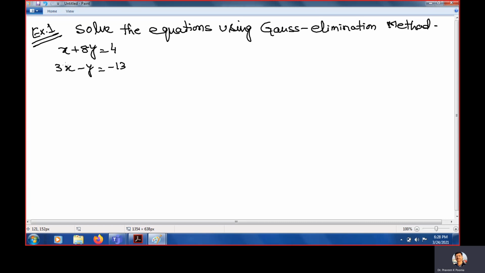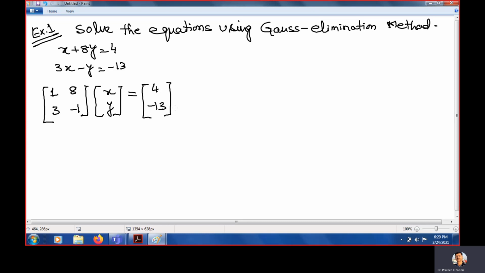So how will we solve this question? First write the equations in matrix form. It is [1 8; 3 -1], this is x, this is y, and this is 4, and this is minus 13. So this is A, this is x, this is equal to b. Now, what is the next step? The next step is you need to write the augmented matrix.